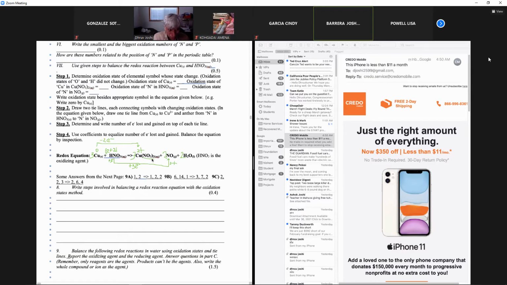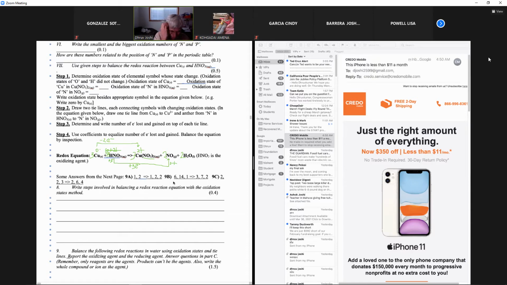If I write 3Cu, then how many nitrates do I have here? 6 nitrate, and 2 of the nitrogen go to NO, so it's 6 nitrogen here and 2 nitrogen there. I need 8 nitrogen over here, so I need 8 HNO3. That does it.